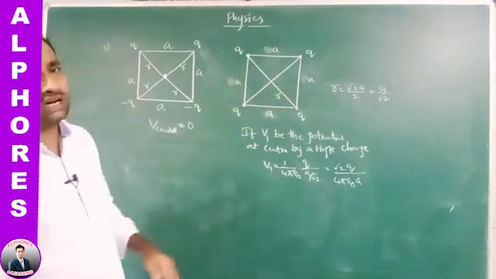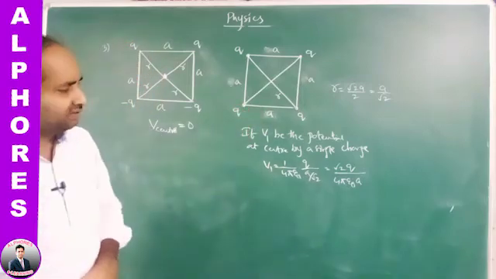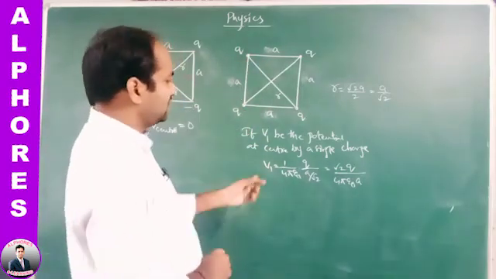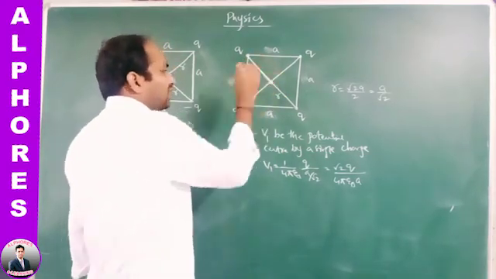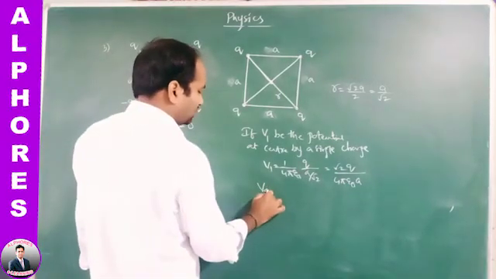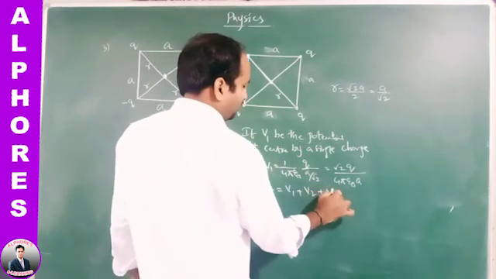How many charges are there here? 4 identical charges are there. When 4 identical charges are kept at the 4 corners, this is the potential at the center by a single charge. So V net is equal to V1 plus V2 plus V3 plus V4.